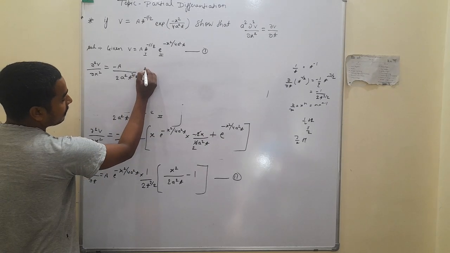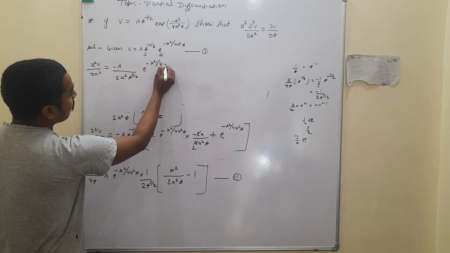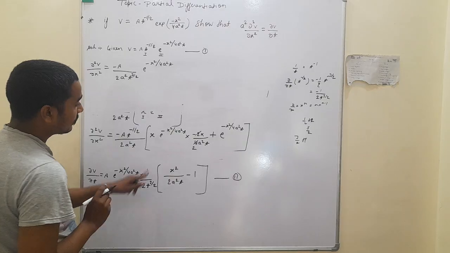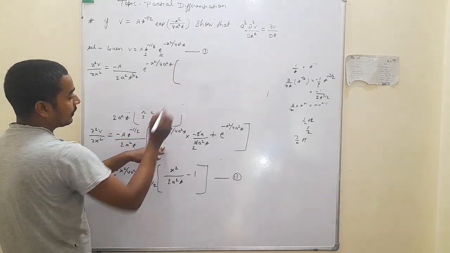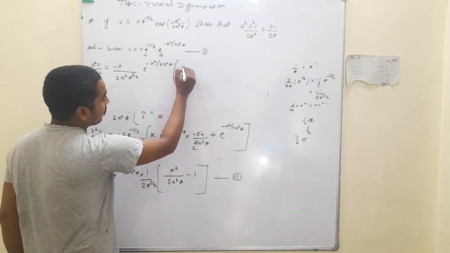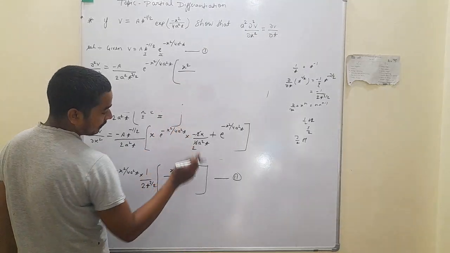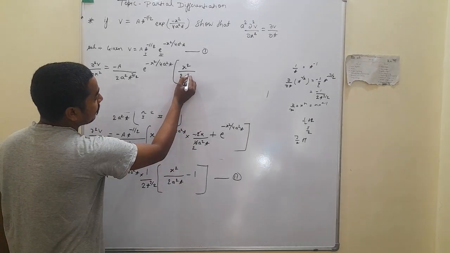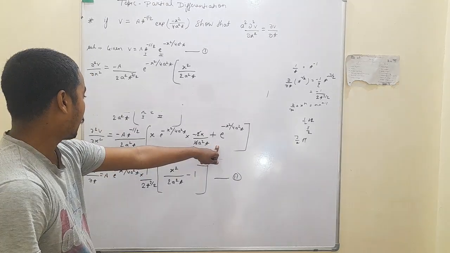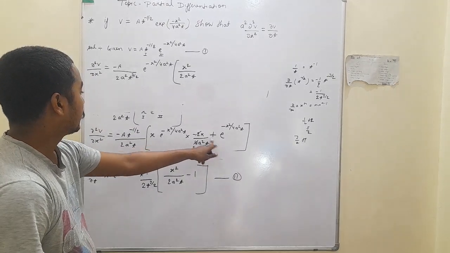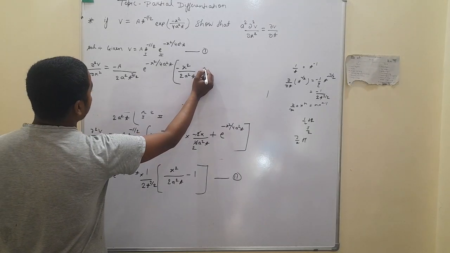We take common e to the power of minus x square upon 4a square into t from here. This gives, in the remaining, x into x is x square, and here x square upon 2a square into t, and here once again minus and plus of 1.